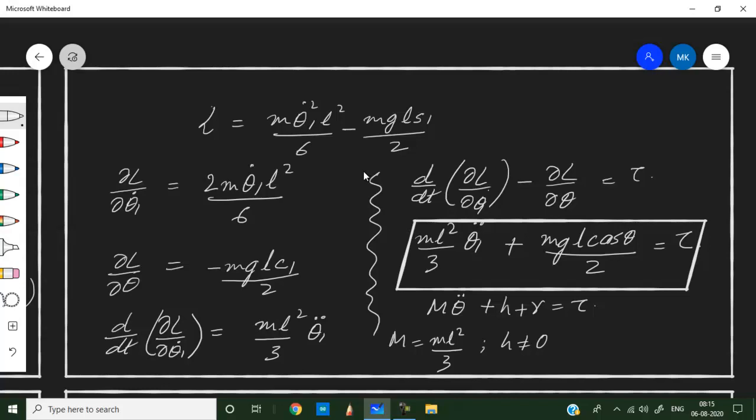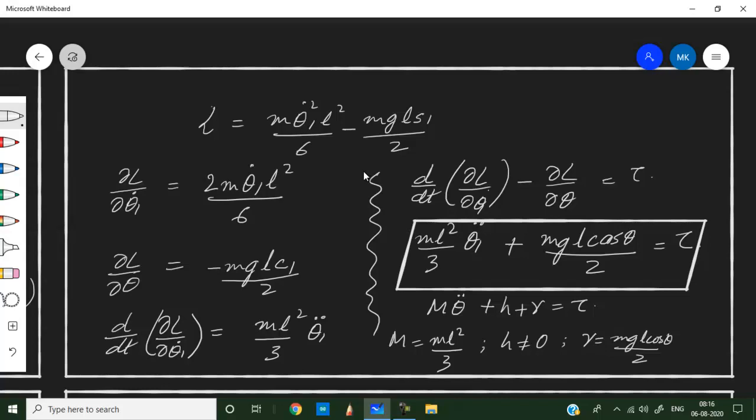We have gamma, the gravitational component, which is mgl cos theta by 2, and we have tau. So the torque required to move the manipulator with some acceleration is given by this equation. We can use this to control the one link system.